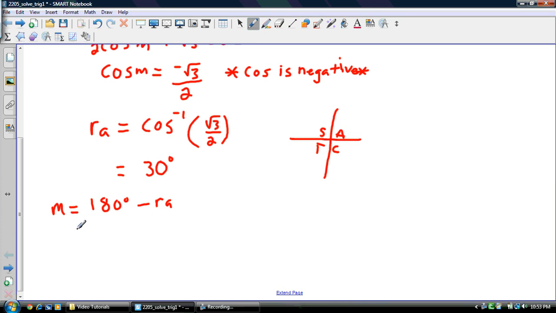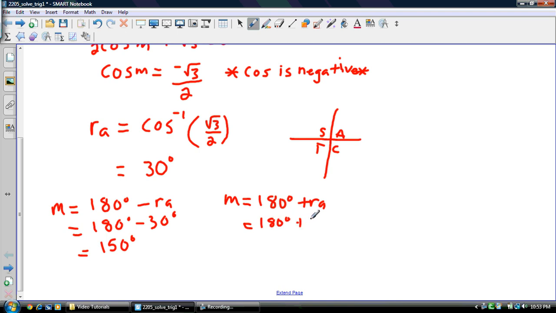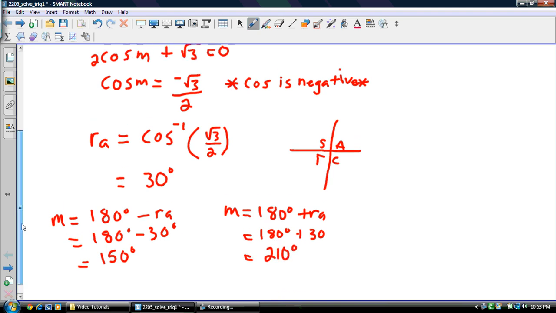So that's 180 minus 30, which gives me 150. And then I have m is equal to 180 plus RA. So that's 180 plus 30, which gives me 210. So those are my 2 possible solutions for m.